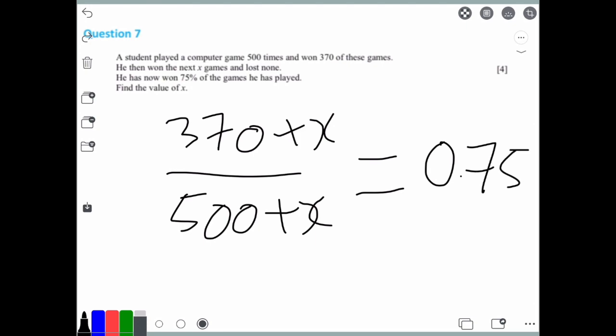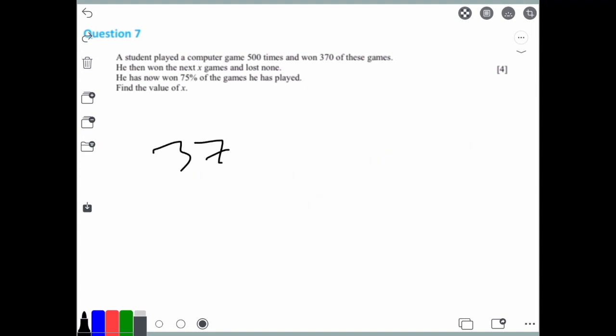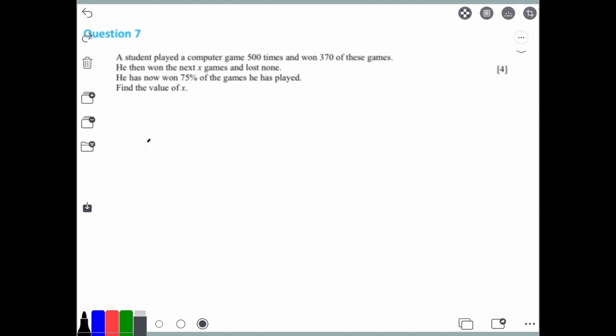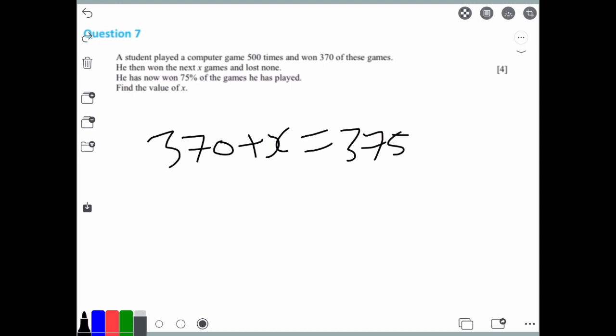Therefore, we can rearrange this equation to get 370 plus X is equal to 0.75 multiplied by 500 plus X, which can be expanded to 370 plus X equals 375 plus 0.75X.